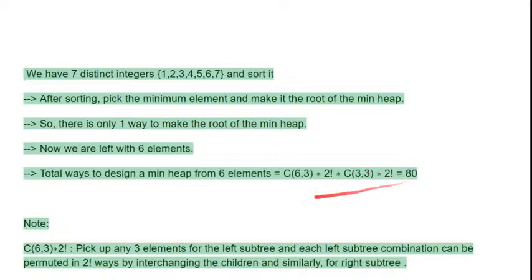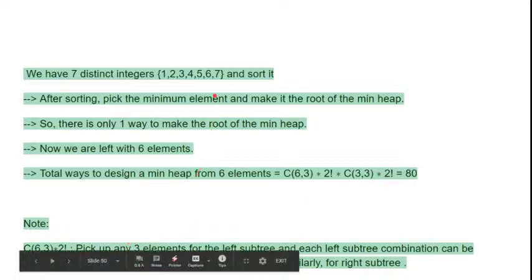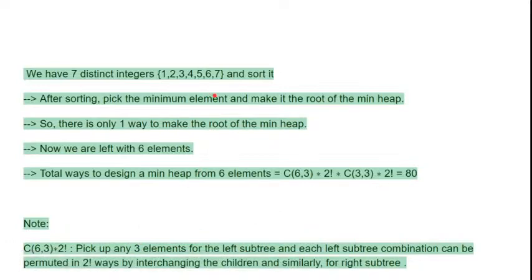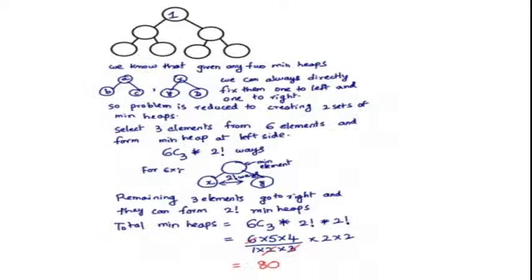Here we pick any 3 elements for the left subtree, and each left subtree combination can be permuted in 2 factorial ways by interchanging the children. So three elements go to the left subtree. So we will get 80.